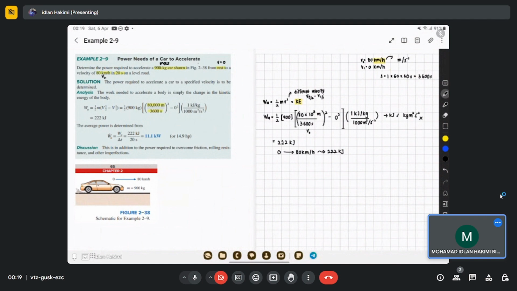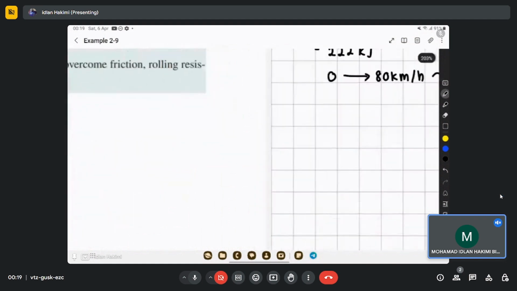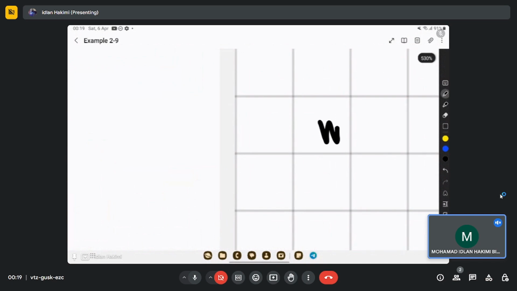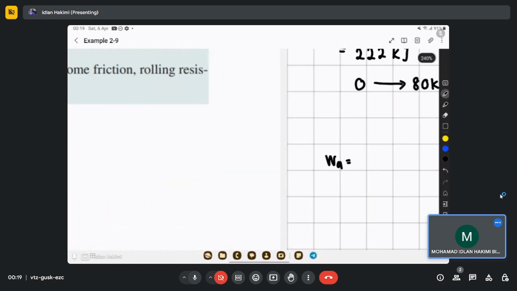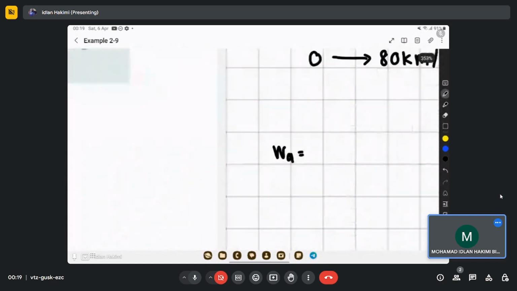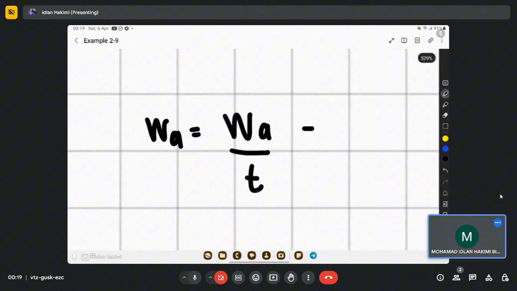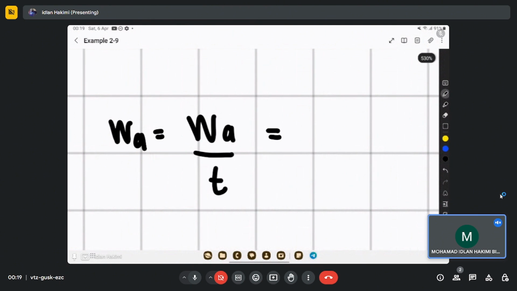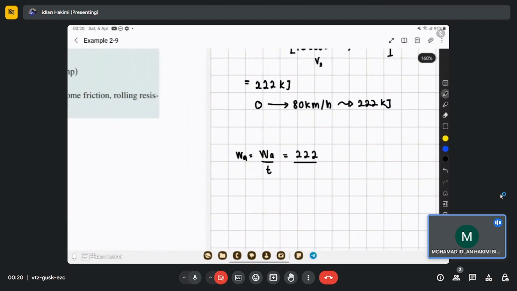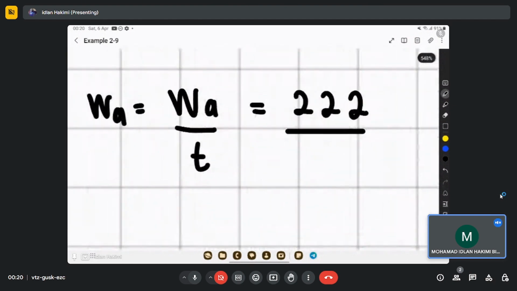Now the average power is the work done divided by time. So the power is W_a divided by time. We put down 222 divided by the time from 0 to 18 kilometers per hour, which is 20 seconds.